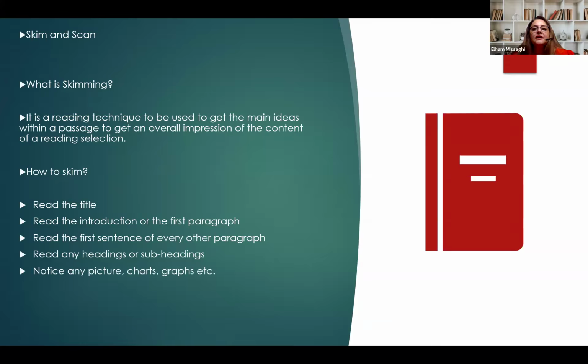So when I said we use skimming for intensive reading, first, you give a chance to the students to go through it and understand what it's about. What's the main idea? What's the gist of the reading? For lower level, we play the audio. At the same time, they go through it and listen to the audio to improve their pronunciation.